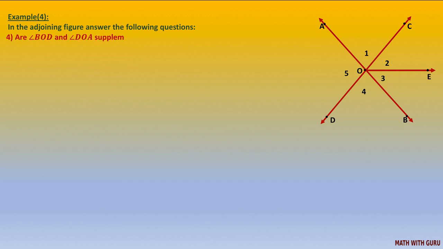This is another question. Are angle BOD and angle DOA supplementary? This is angle BOD. Look at the figure. These are the two angles we have to deal with. For angle BOD and angle DOA, the common vertex is O and common arm is OD.